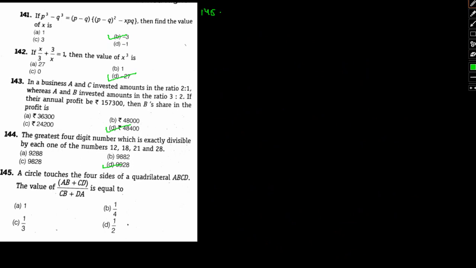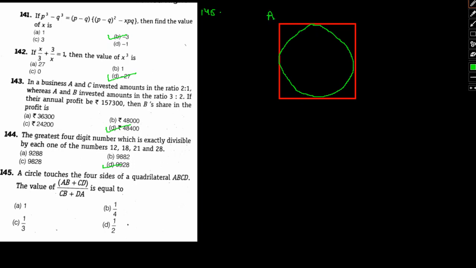Okay, so we have a quadrilateral, and a circle inside the quadrilateral, and it touches the 4 sides. So let the vertices be A, B, C and D. We need to find AB plus CD by CB plus AD.